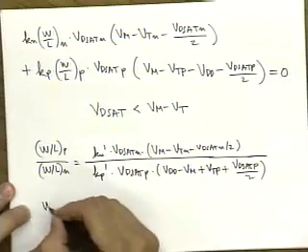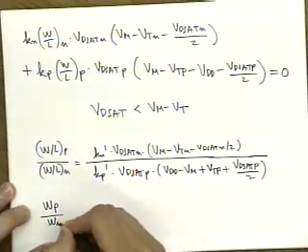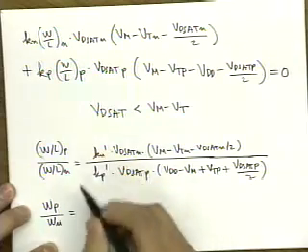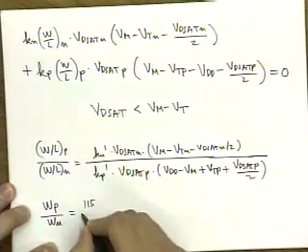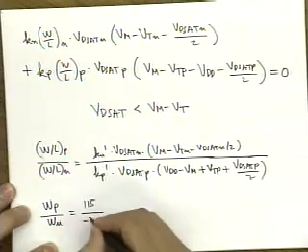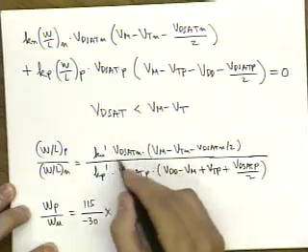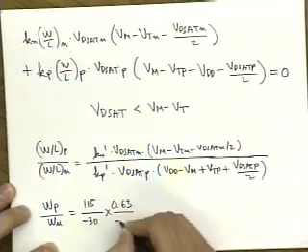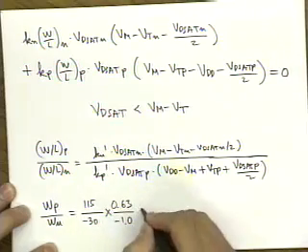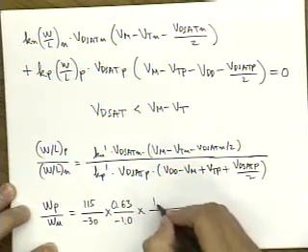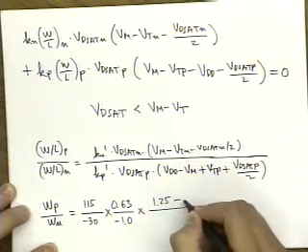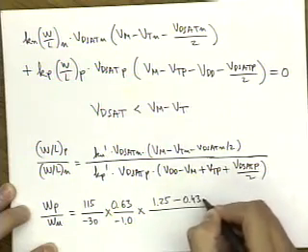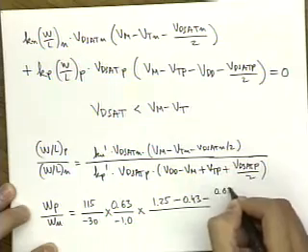So we have that Wp over Wn is equal to Kn is 115 over negative 30, times Vd sat n is 0.63 over negative 1, times Vm is 1.25 minus 0.43 minus 0.63 over 2.